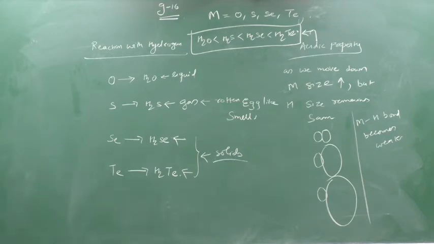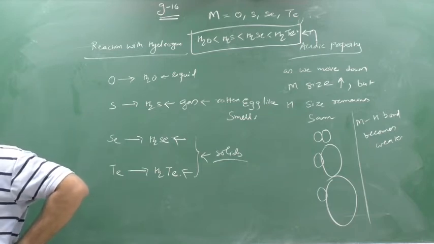So moving downside the group, their acidic property will go on increasing because the MH bond becomes weak. Clear? Okay, so you can add one more key point.